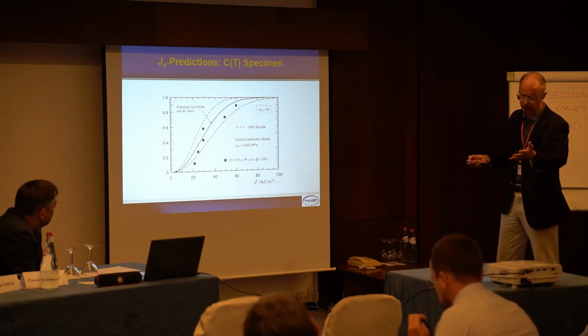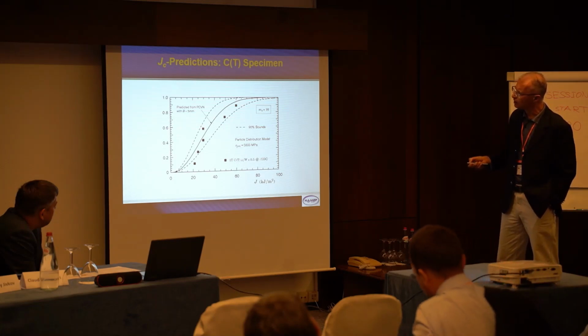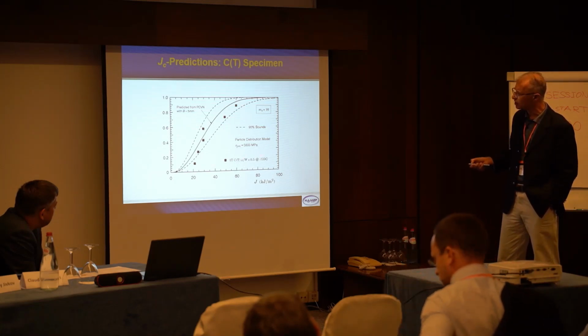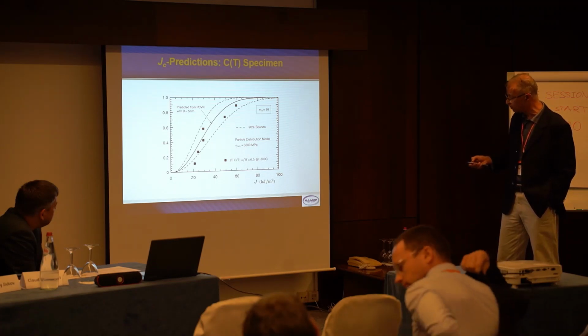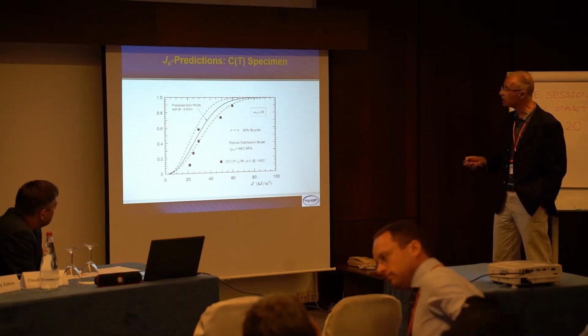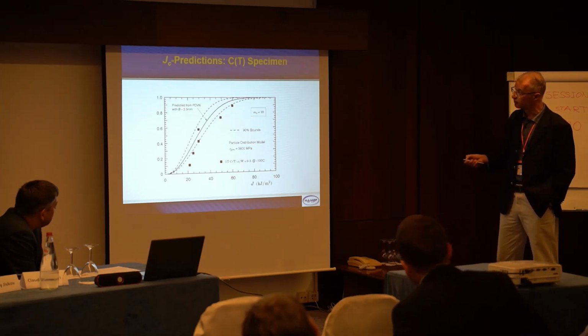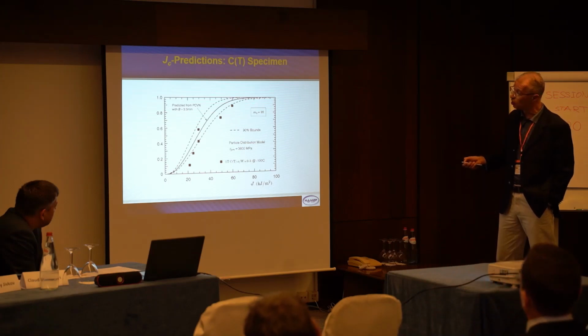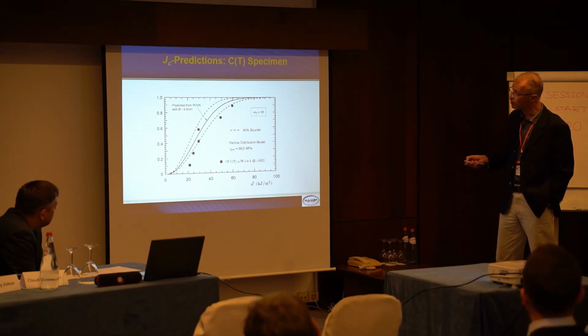The scatter is a little bit higher than desired, but still almost all data are within the confidence bounds. Here the particle fracture stress is about 3080 megapascal, and this is the prediction from the 1/3 pre-cracked Charpy specimen. It does a very good job predicting almost the entire toughness distribution for the CT specimen. Most of the data, or a reasonable number of the data, is within the confidence bounds.